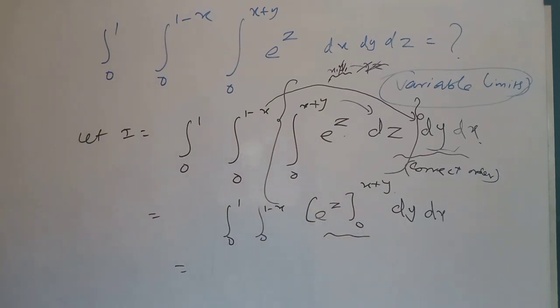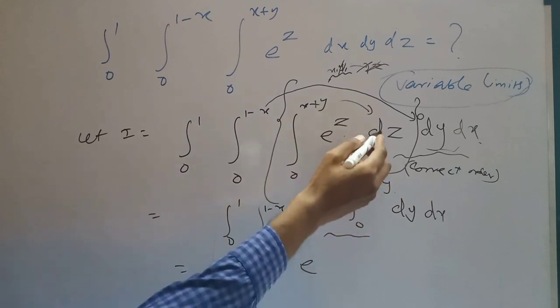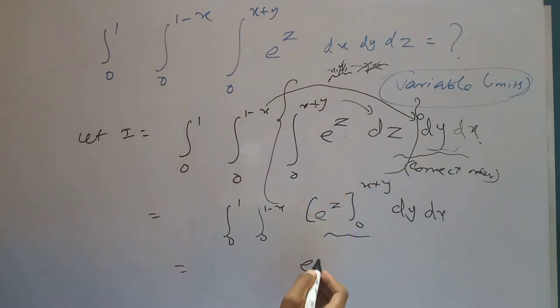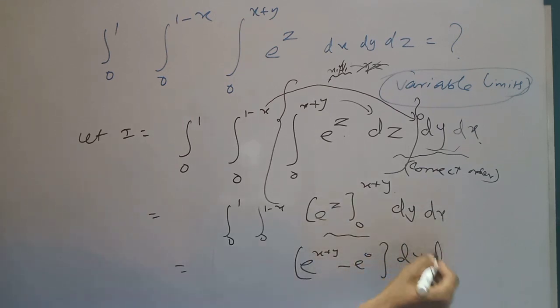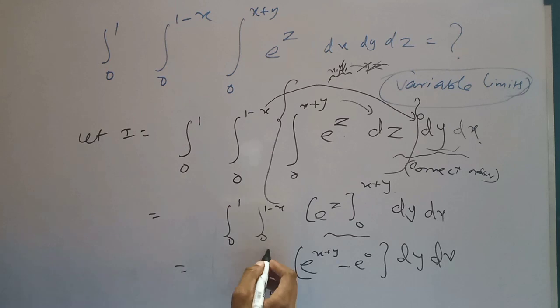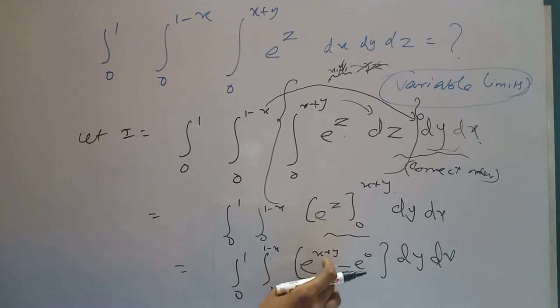Now upper limit minus lower limit. We integrated e power z with respect to z, so substitute for z: e power x plus y minus e power 0, dy dx, limits 0 to 1 minus x, 0 to 1. Here e power x plus y can be written as e power x into e power y, and e power 0 value is 1.